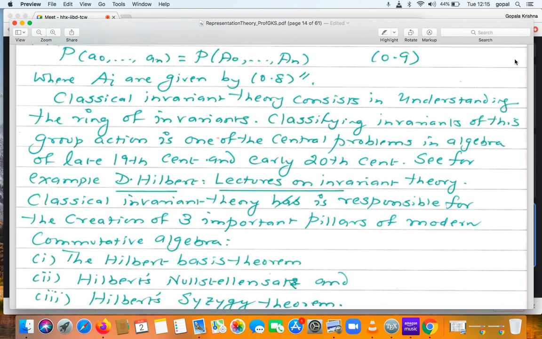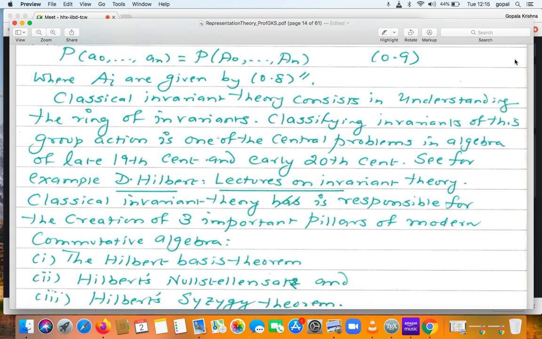So you want p of x1, x2, ..., xn equal to p of x of sigma 1, ..., x of sigma n. That is, you permute the arguments of the polynomial. You think of the polynomial as a function and you're permuting its arguments, and it should remain invariant. What kind of polynomials? Examples, please.